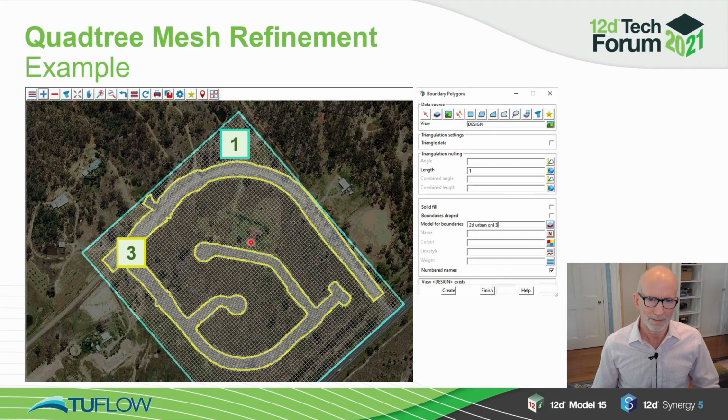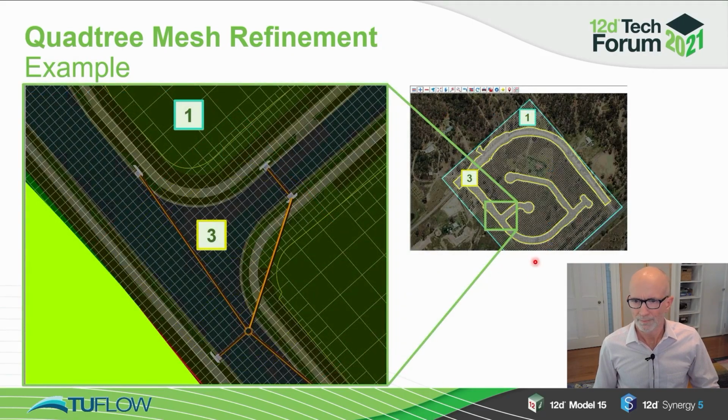That will happen automatically. So you can see it's got finer 2D cells inside the roadway and coarser here. Now if we zoom in to say this area here, you can see there are the coarser cell sizes. It's automatically transitioned from level 1 through to level 3 with some level 2 cells, and away you go. Very, very easy to do.